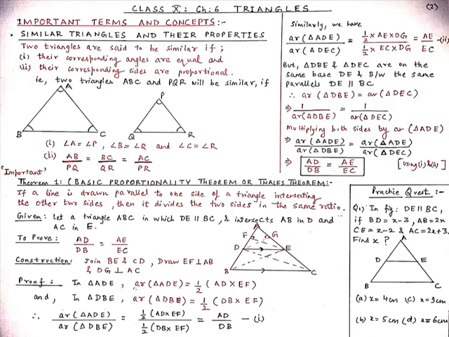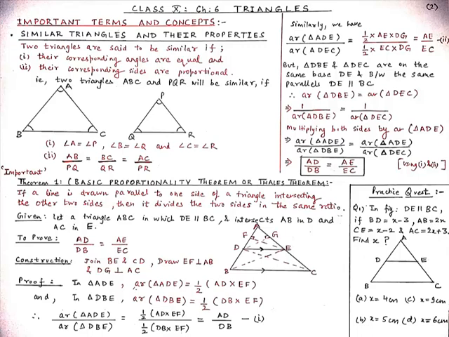Now, we will derive our first theorem, which is the basic proportionality theorem, also known as Thales' theorem. Students, the statement of Thales' theorem is that if a line is drawn parallel to one side of a triangle intersecting the other two sides, then it divides the two sides in the same ratio.